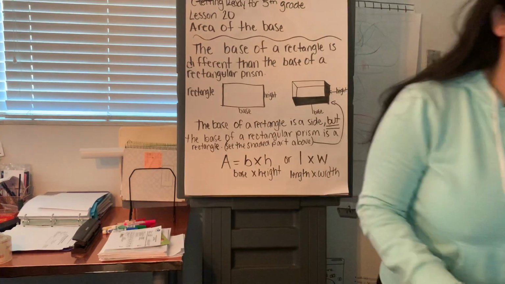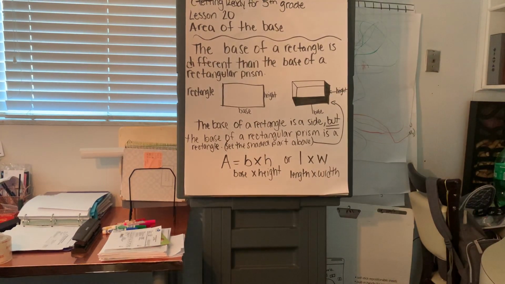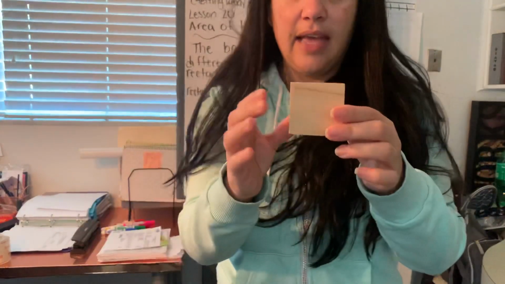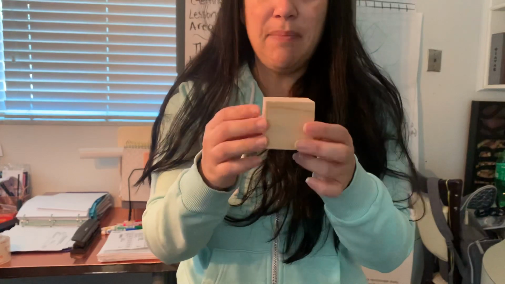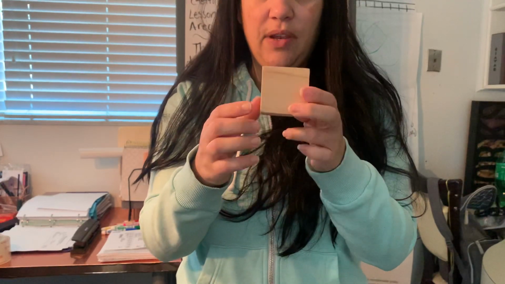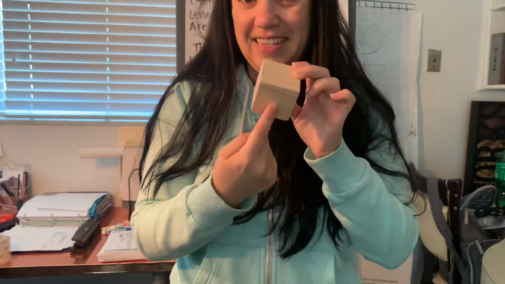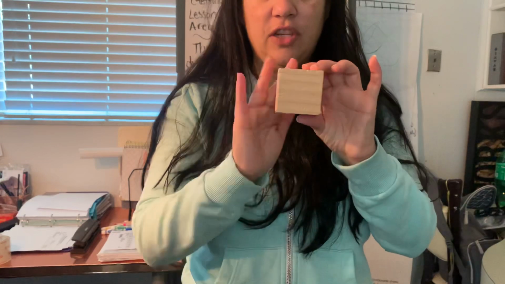So for example, if you were to see a block like this shape right here, you would notice that it's a multi-sided shape, and it has many bases and many heights. But if you were to find the one base for this shape, which is this, or this, and the height, you would find the side of all of the shape.